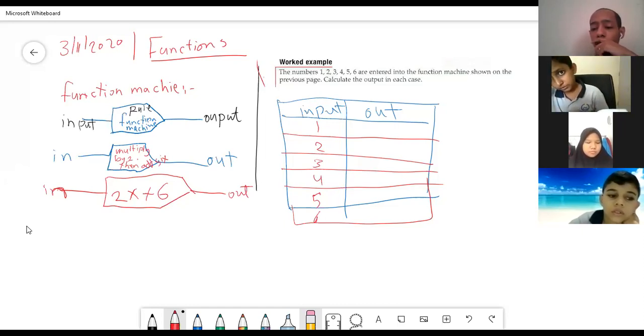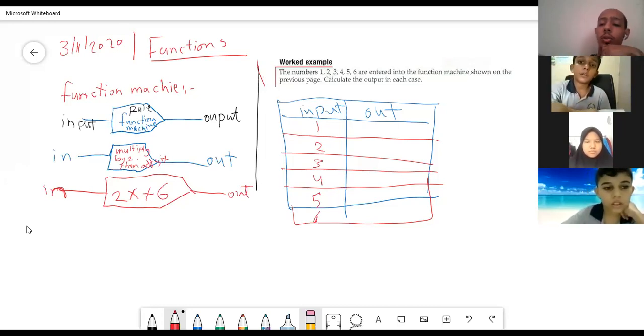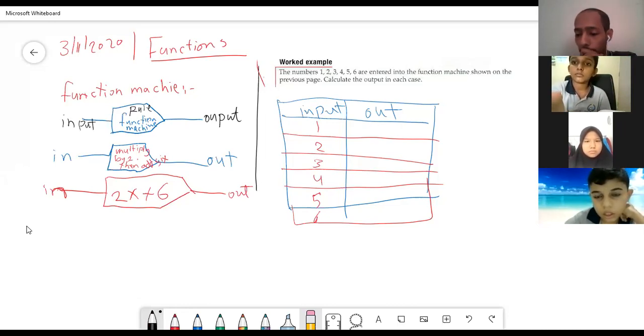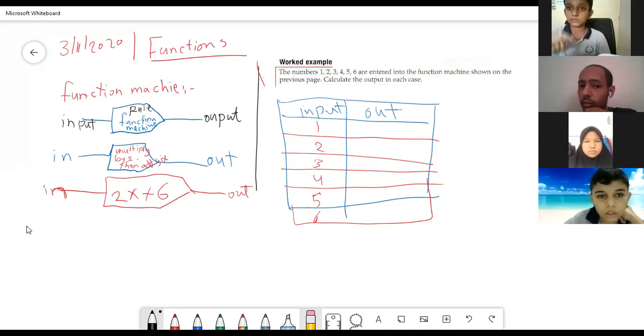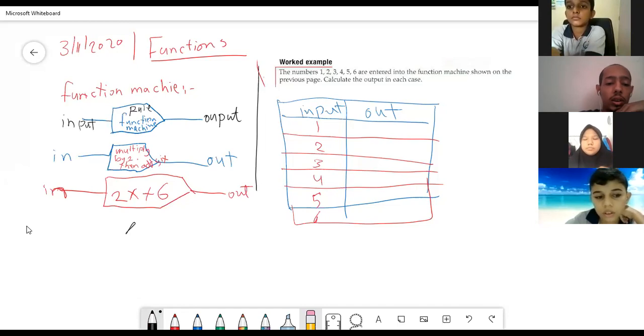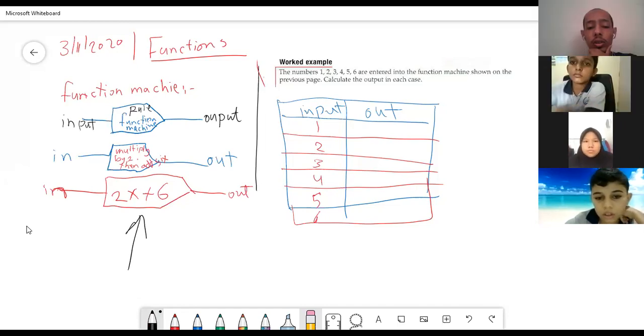Abdurrahman, what is the output? What will be the output in case the input is 1? Wait, Abdullah, let Abdurrahman try. According to this rule, replace x with 1.